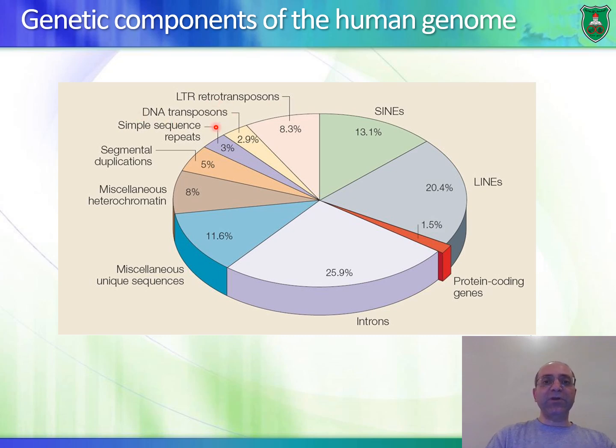We have DNA transposons, they make up about 2.9%, 3%, and so on. So we have other repeats and what have you. We will talk about these throughout this lecture, so it's not going to be something like a foreign language to you.